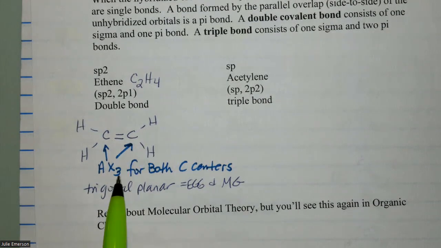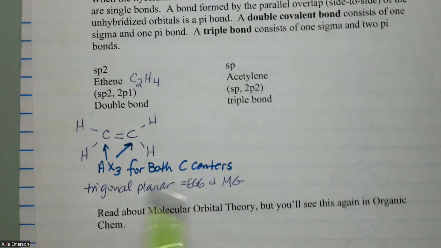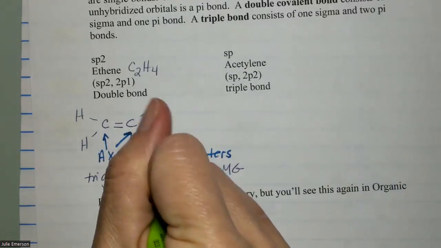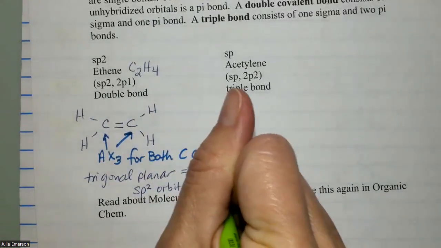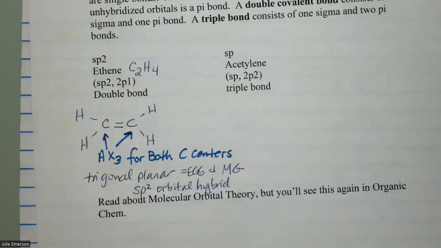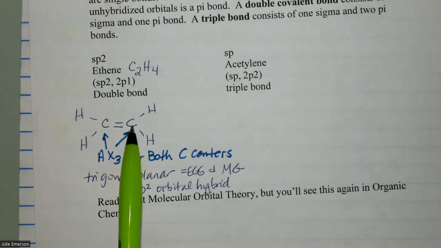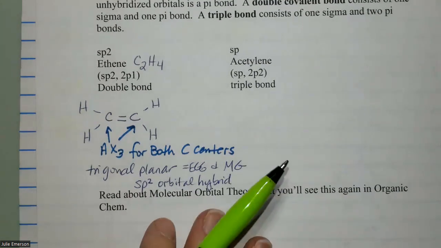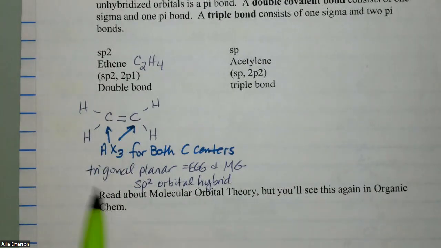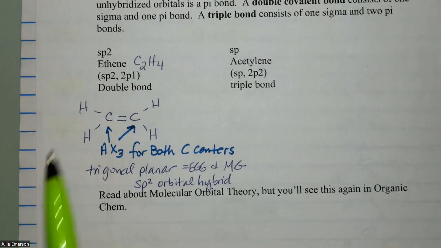Well, if it's a 3, we only need 3, right? So that means S and 2 Ps would be the orbital hybrid. It's for both carbons. So when you have a molecule that has 2 centers, you're really doing this twice, but if it's symmetrical, it's the same for both. So both of them are AX3. So both of them are trigonal planar. So both of them are sp2 hybrid.